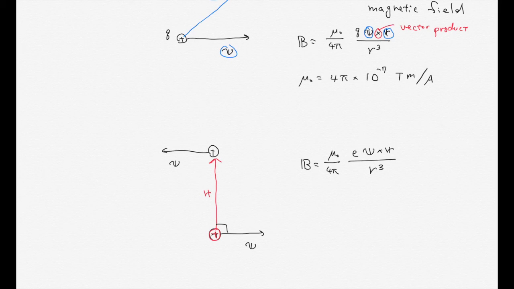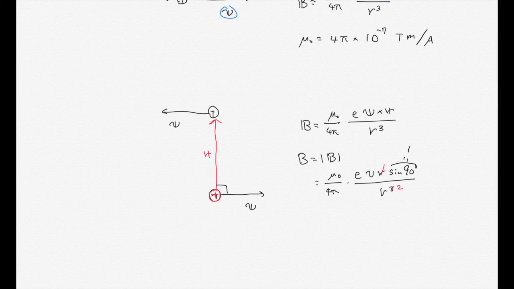Then the magnitude of B is mu naught over 4 pi times e v r sine 90 degrees over r cubed. So sine 90 degrees is 1, and one of the r is cancelled out. So the magnitude of the magnetic field is mu naught over 4 pi e v over r squared. This is the magnitude of the magnetic field.